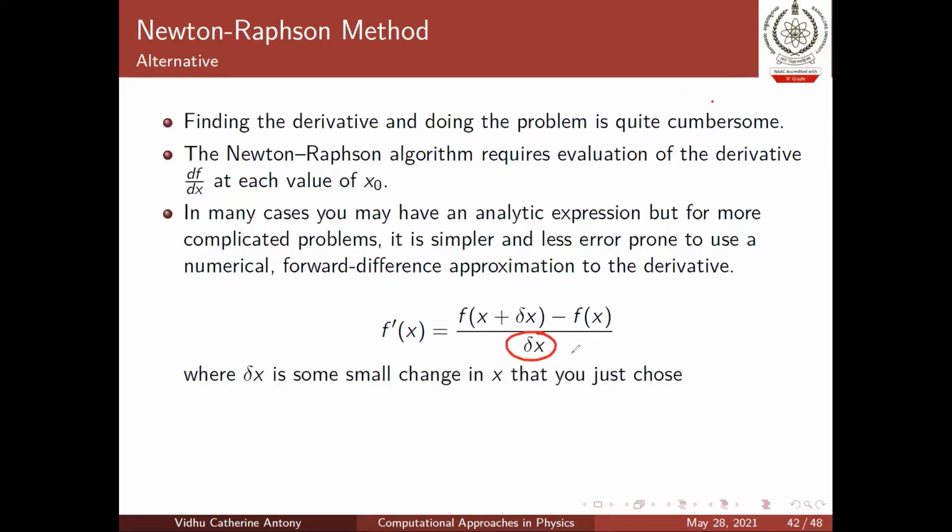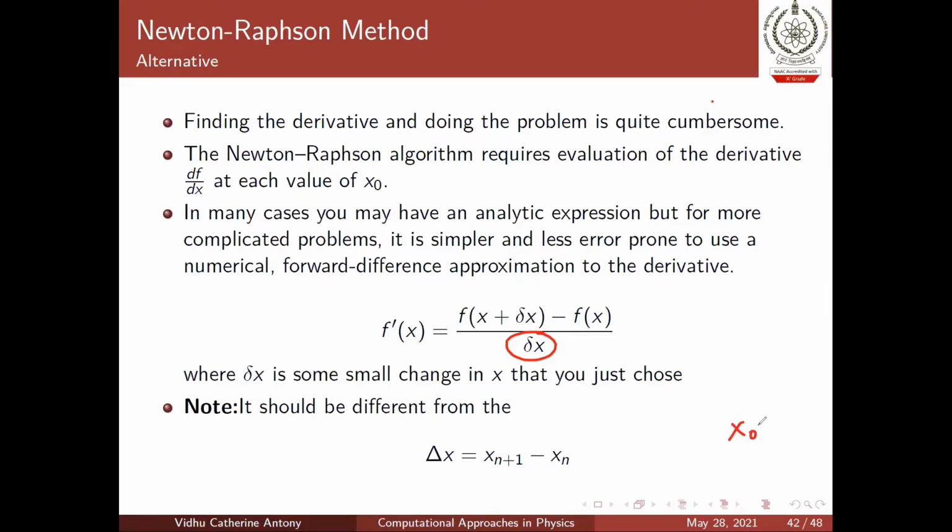The delta x that you use cannot be equal to the increment that you're using. It should be different from the delta x that you have here. So capital Δx = x_{n+1} - x_n. It should not be the difference between the initial guess and the next value.